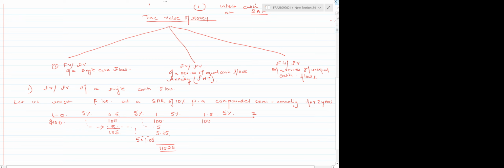Again, on the $100, I earned $5 for the period from the end of the first year to 1.5 years. This $5 would be reinvested at 5%, so it would become 5.25, and this 5.25 again would be reinvested for 6 months at the rate of 5%.